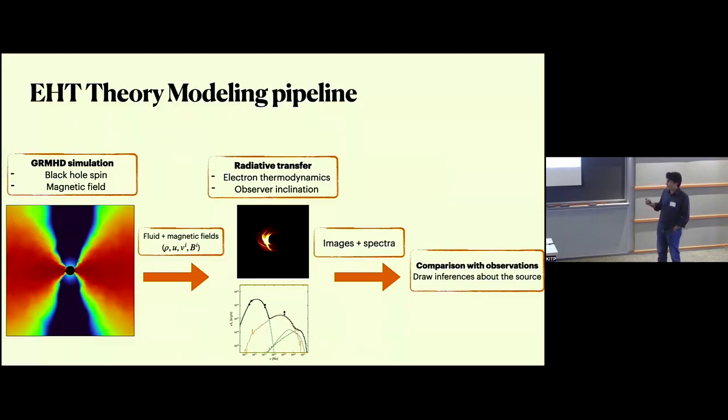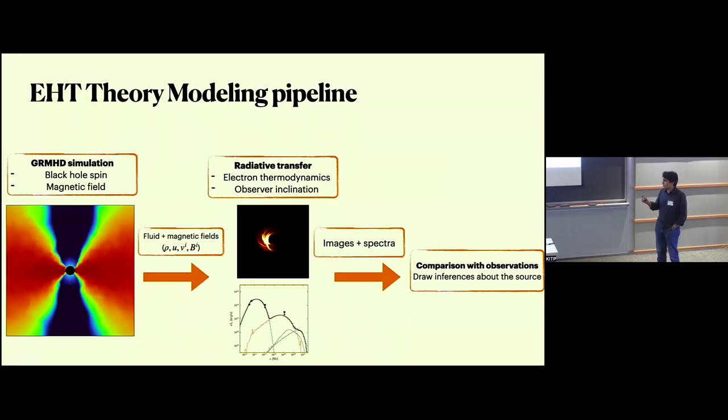What you get from the GRMHD simulations is basically a time series of the fluid data and the electromagnetic fields. You then feed this into a radiative transfer code where you prescribe what the electron distribution function is, and what the temperature of the electrons is with respect to the ions, which you can get from the total fluid temperature.